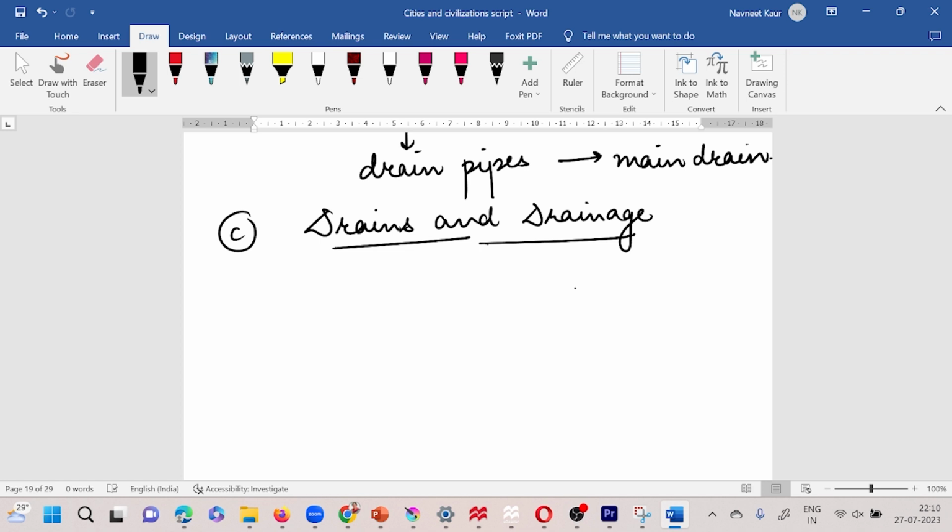So the drainage system of Harappan sites was one of the best in ancient times, right?